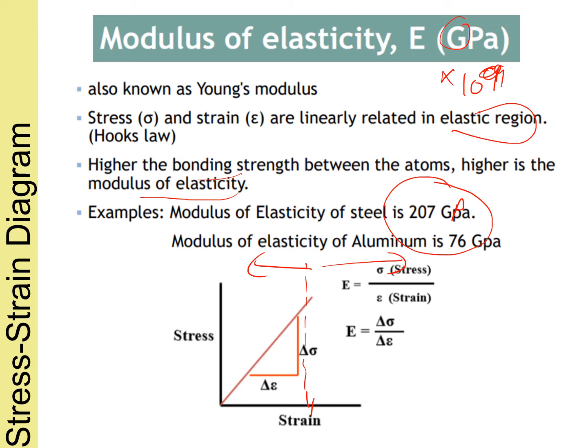This means that for a fixed geometry, for example this geometry of the sample that you are testing, a part made out of steel is 3 times as stiff as it would be if it were made out of aluminum.